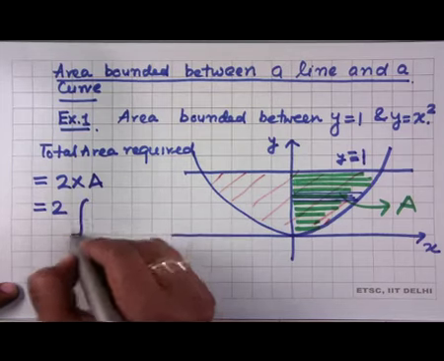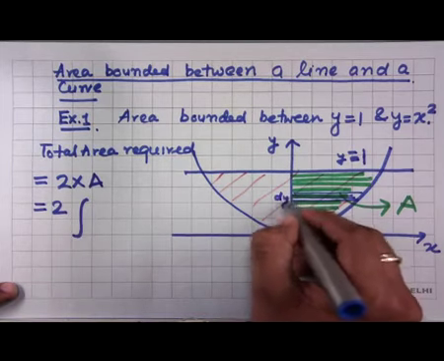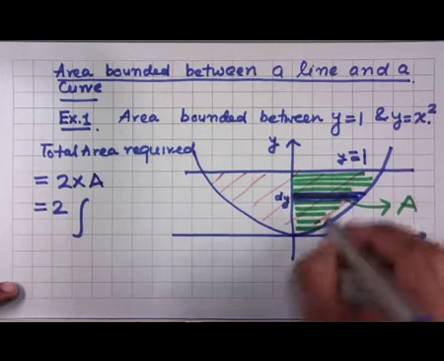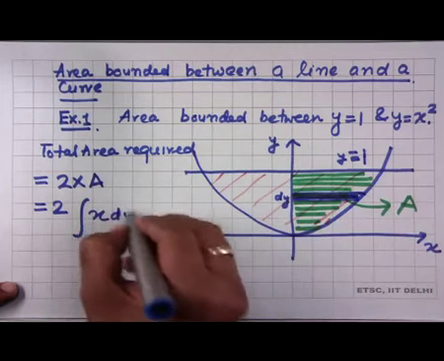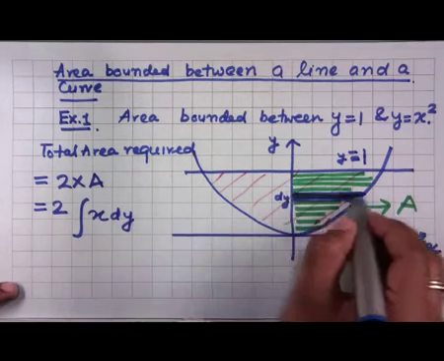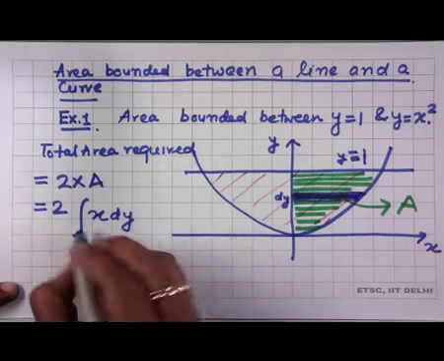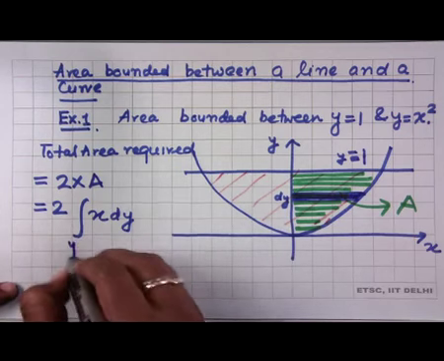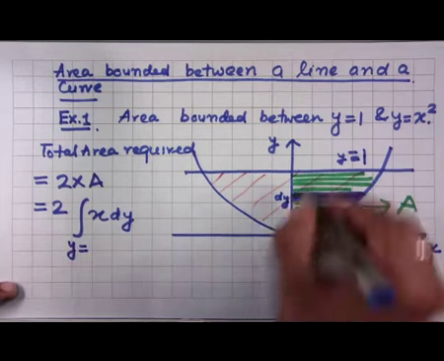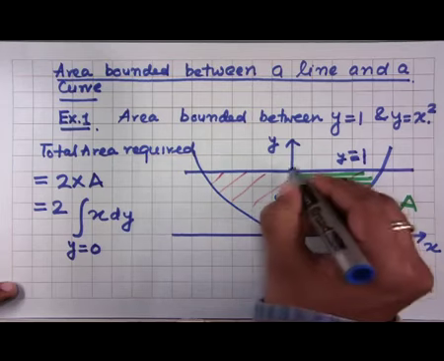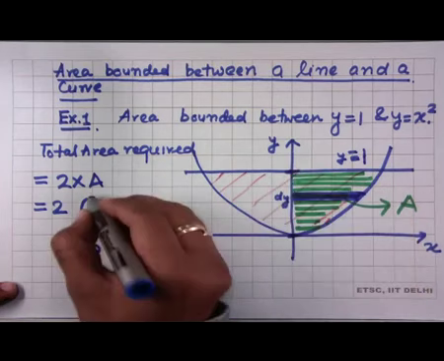So, we get this is dy and this height of the strip is x. So, we get x dy is the area of this horizontal strip, and then total area will be, if you put the values of y from here to here. So, y goes from 0, this is 0 and it goes to 1. So, y equals to 1.